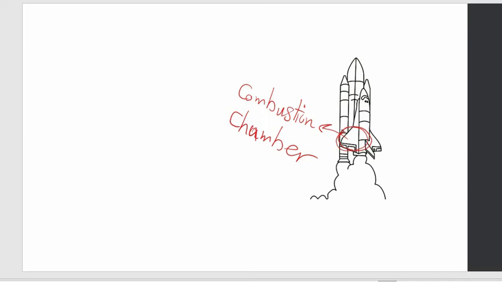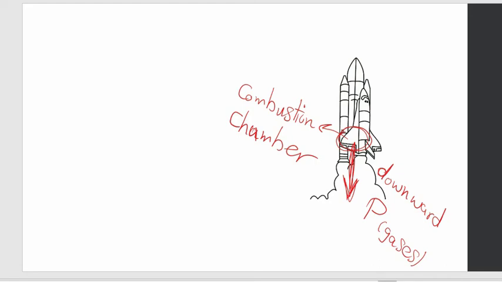And as soon as these gases are released downward, then they will generate a momentum in this direction. So we will have first a downward momentum due to the gases.